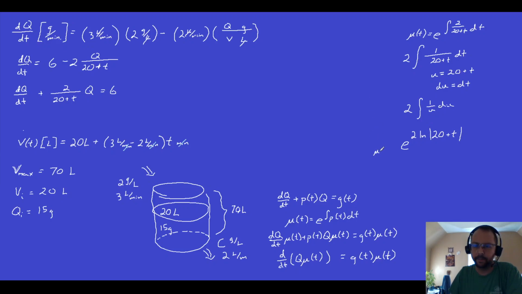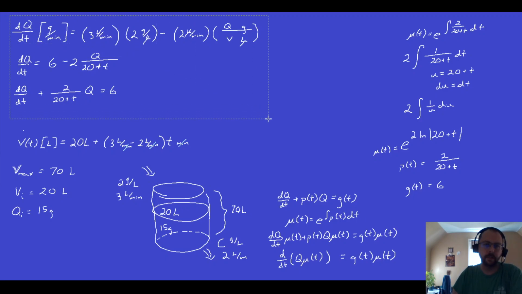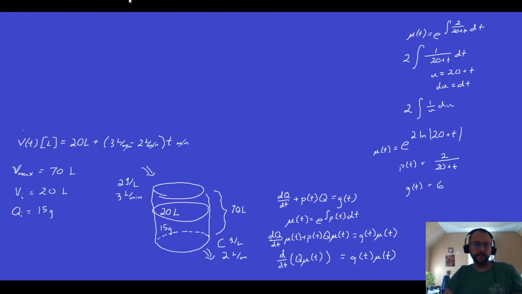And I already wrote down here what we're going to do. So let me just rewrite p of t equals 2 over 20 plus t. G of t equals 6. Now I should be able to get rid of all of this. So now I'm just going to put it in this form that I already showed down there.